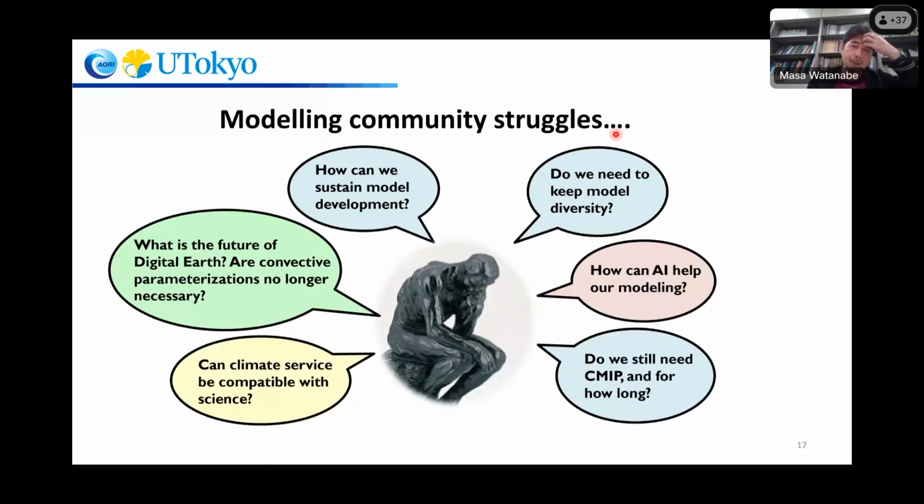And seemingly now we are facing different kinds of problems, sometimes including structural ones. And of course, CMIP 7 has already started, so we hope to resolve these new problems eventually.